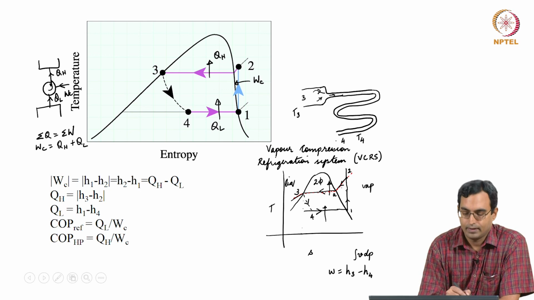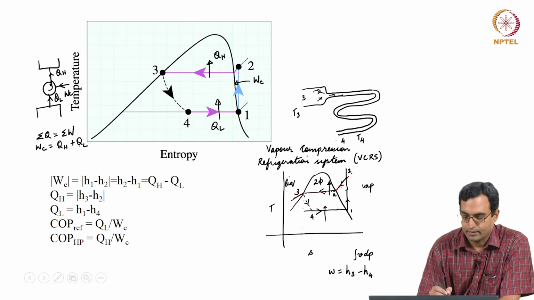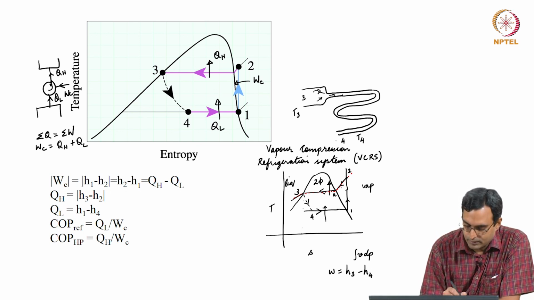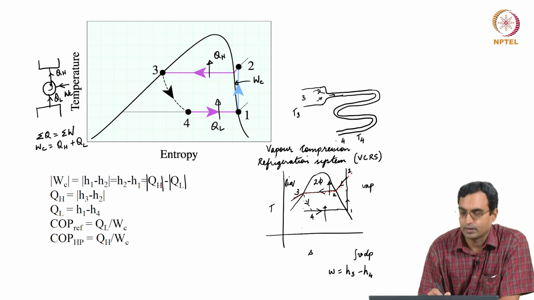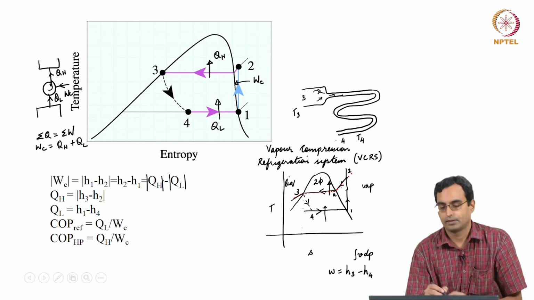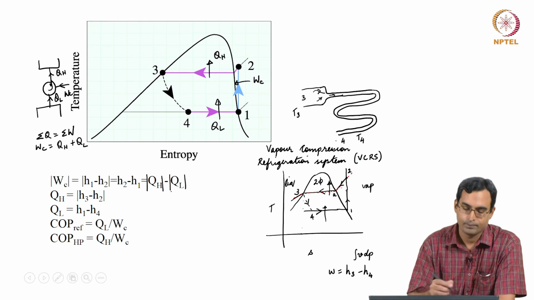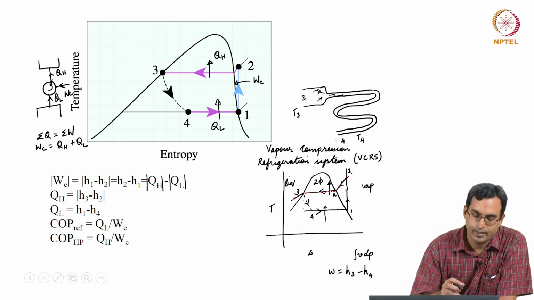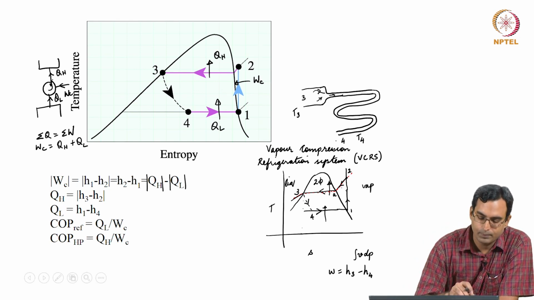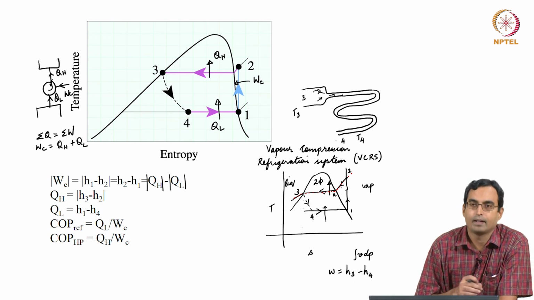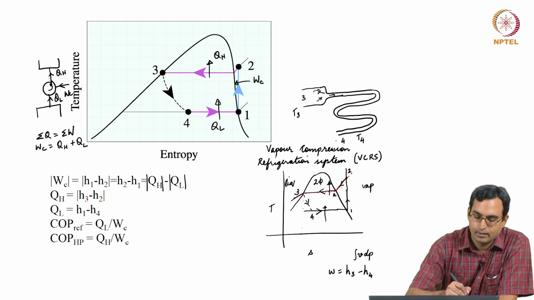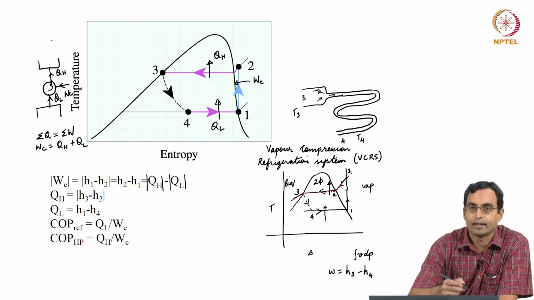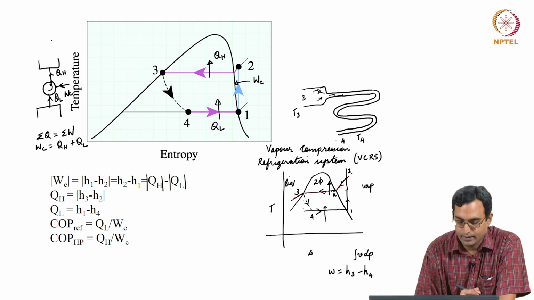And what I can do is take mod of this to find out the positive value of QH, the magnitudes, because what I know is if I take only the magnitudes, QL is going here, WC is going here, both these should be added up in magnitude to give me QH. So, this is like these two adding up and giving this, because the arrows are like that. So, that is essentially what I should get.